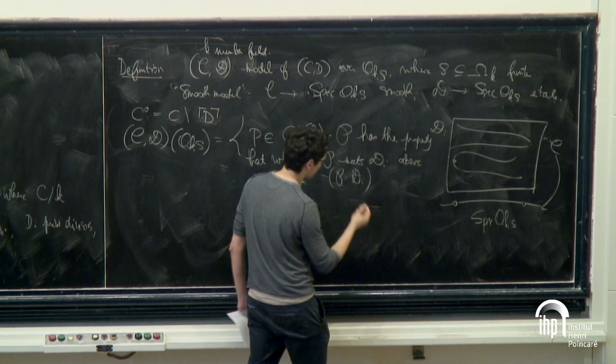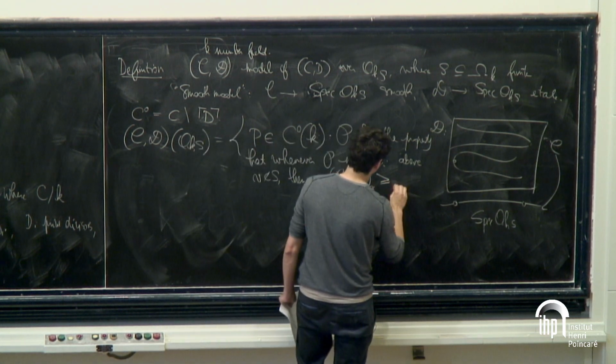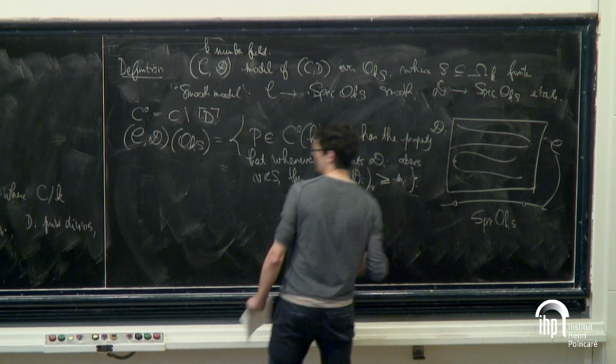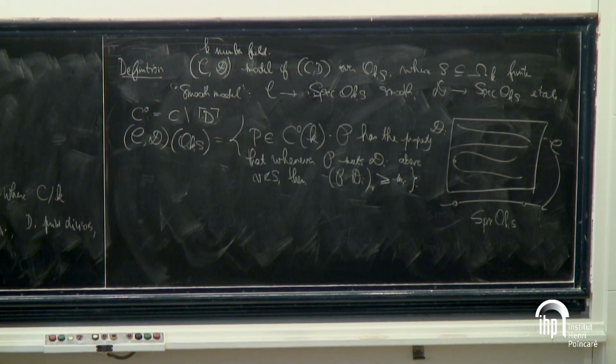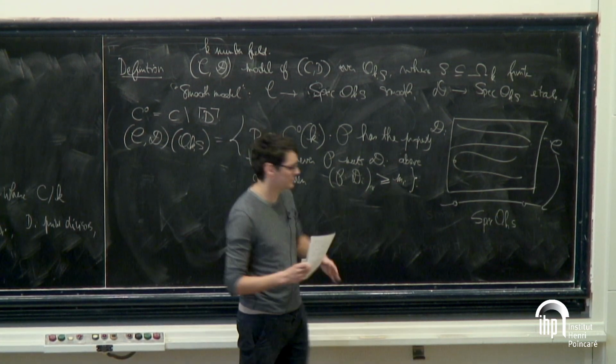So the local intersection multiplicity is high enough. And high enough, well, what does that mean? It means at least the number m_i, which I put in the definition of the Campana curve, right? So I have this Q divisor with coefficients, and the higher these coefficients are, the closer they are to 1, the higher I want my intersection multiplicity here to be.